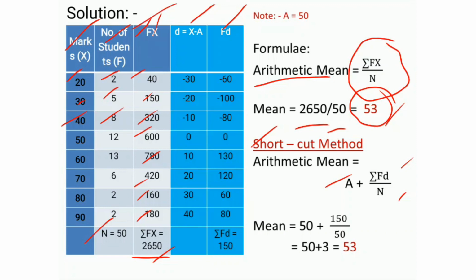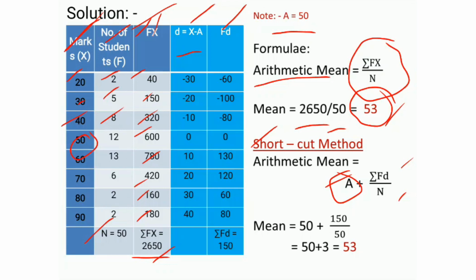You need to find d, the deviation. d equals x minus a. What is that a? A is an arbitrary value which will be taken from x. Any value of x you can take. For this problem, a is taken as 50.